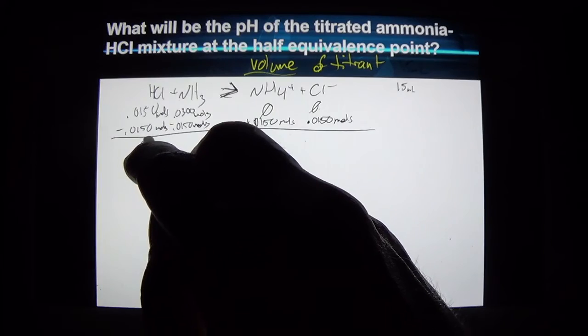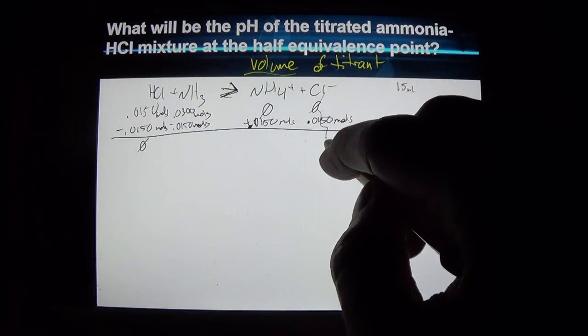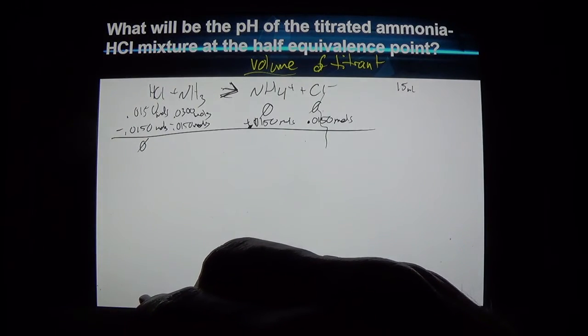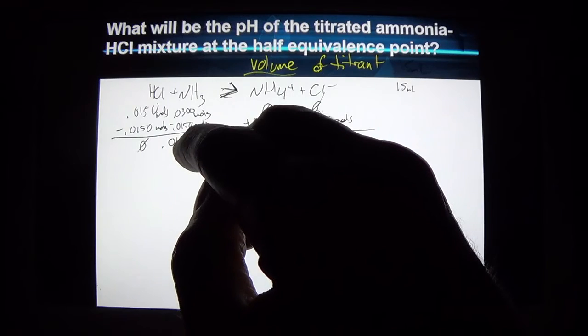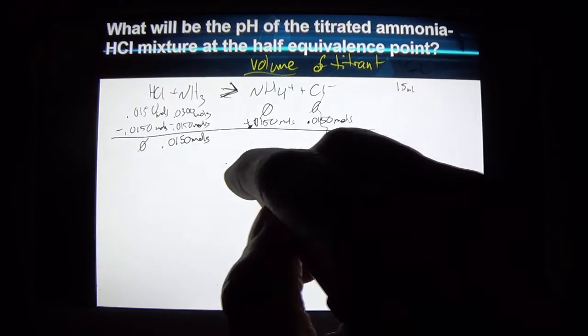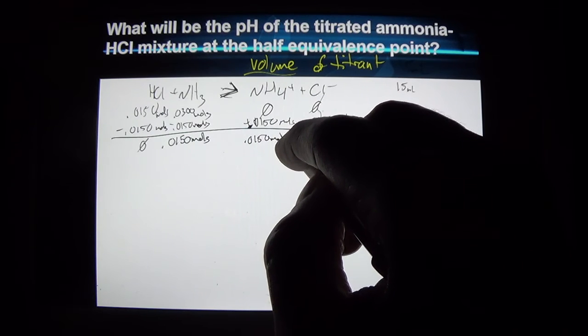I have 0 of HCl left. I really don't care about the chloride ion for my work, so I'm going to ignore it. I have 0.0150 moles of ammonia left over, and I have made 0.0150 moles of ammonium ion.